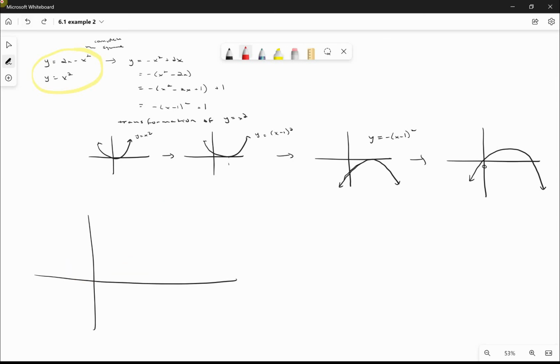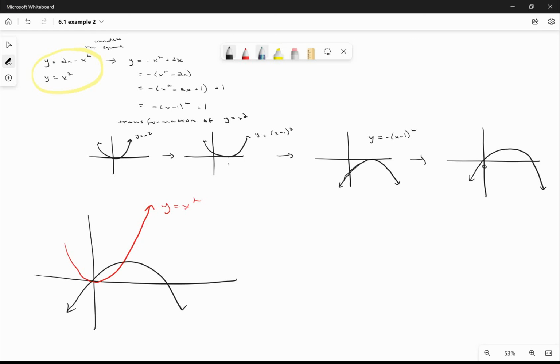Let's do that a little bit better this time. Right, y equals x squared, and the curve y equals 2x minus x squared, which looks like this, right?